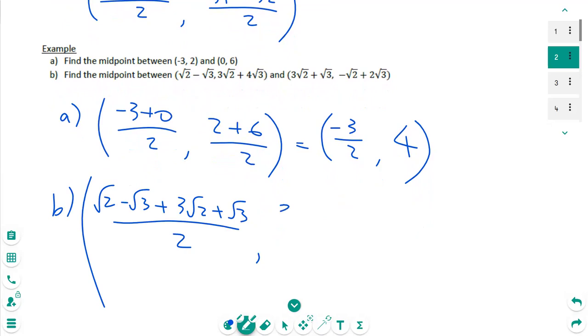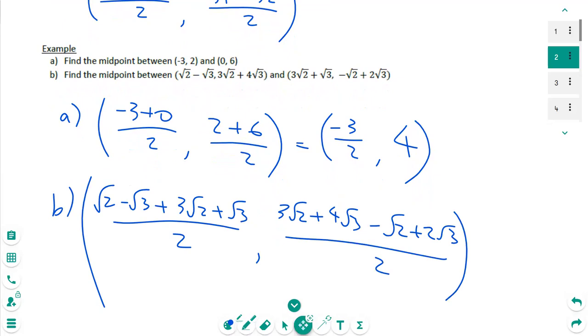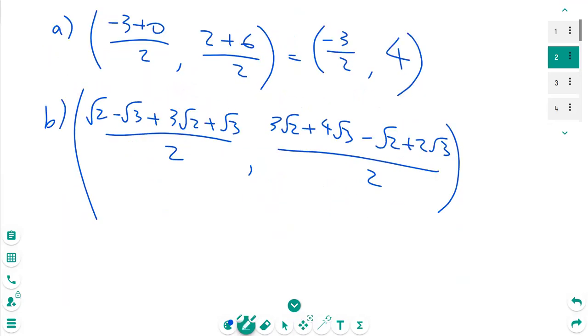And then for the y, it's 3√2 plus 4√3 minus √2 plus 2√3, over 2. Again, just put it in a calculator one by one. Let me have a look at my answers. You should get 2√2 for the x, and for the y, you get √2 plus 3√3. And that's the midpoint.